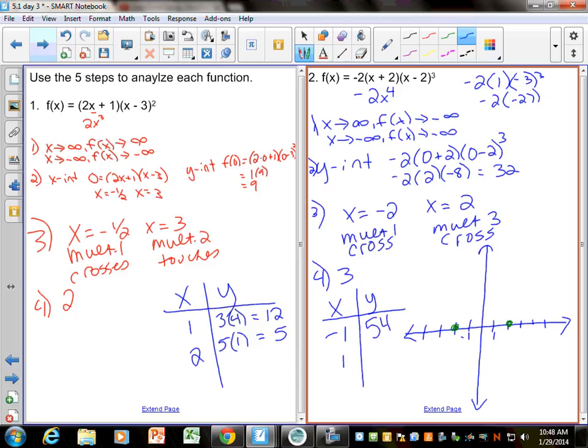Did you get that, Sawyer? And if I plug 1 in there, I get negative 2 times 3 times negative 1 to the third, which is negative 1. So is that 6? Did you get 6?